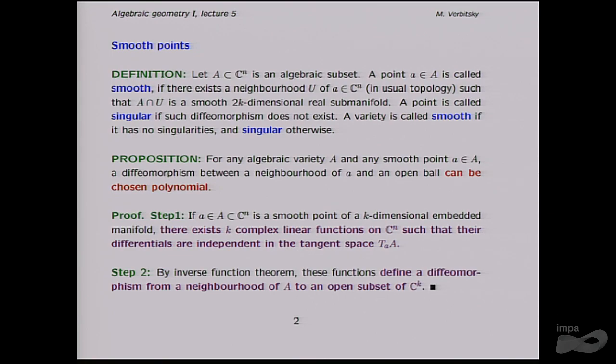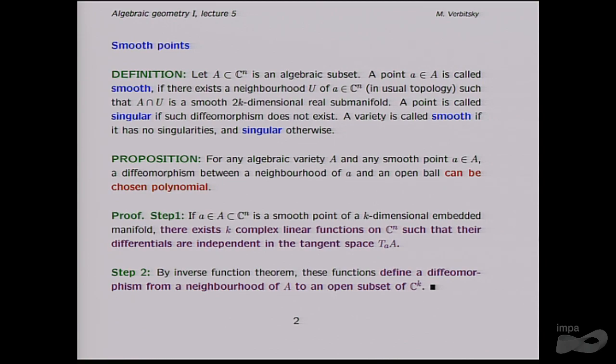Also, suppose M is in C^(n+m), where the dimension of M is n.